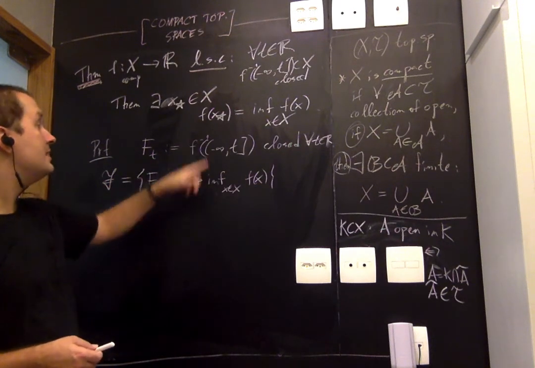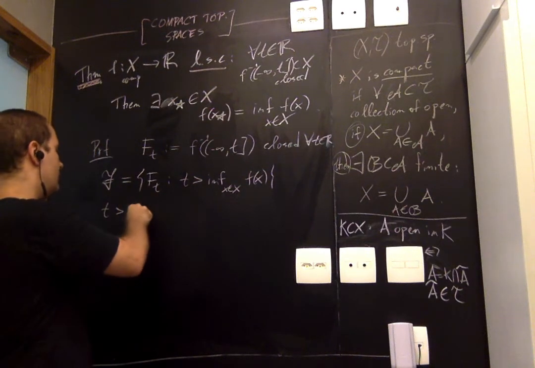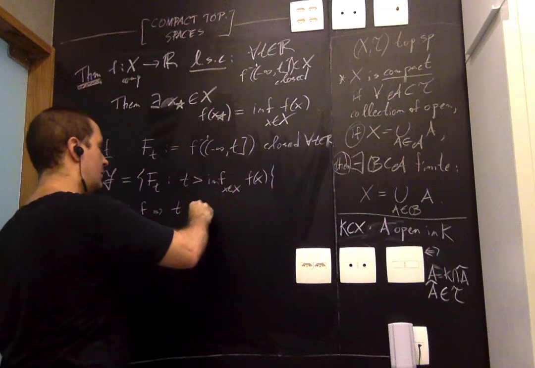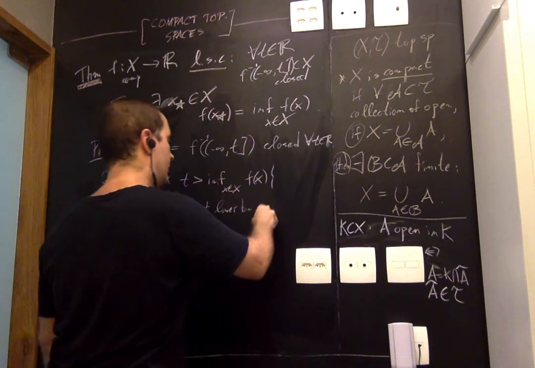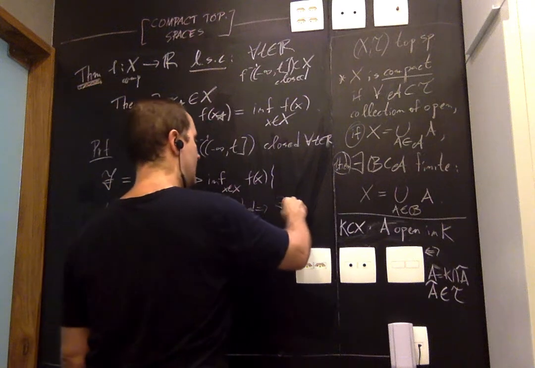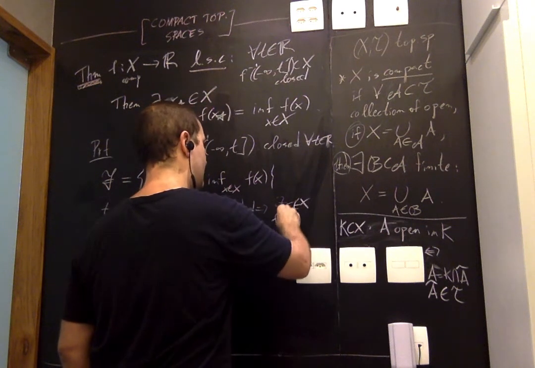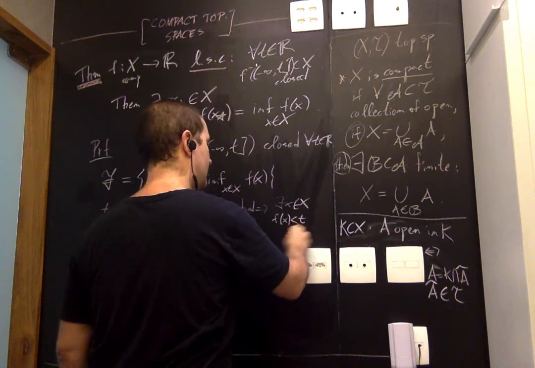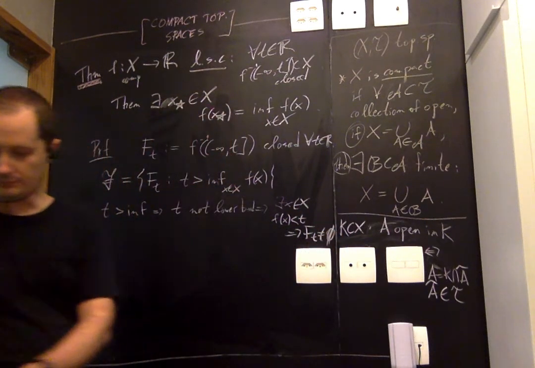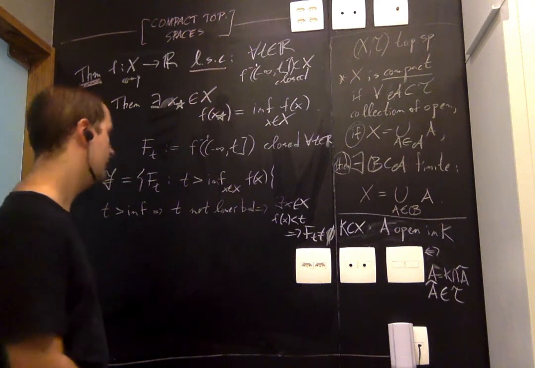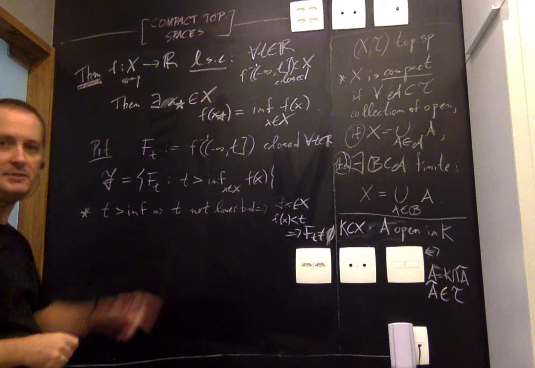Therefore, there must exist an x with f of x less than t, and therefore F sub t is non-empty. So at least I know that individual sets in this collection are non-empty.